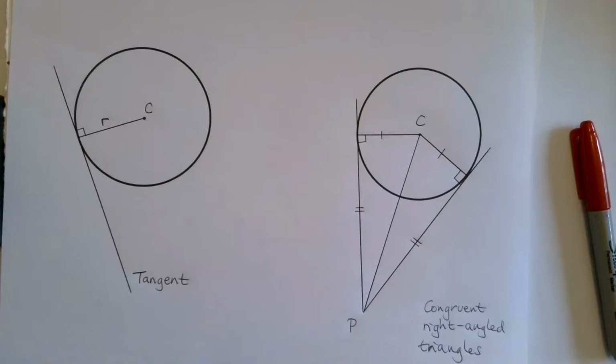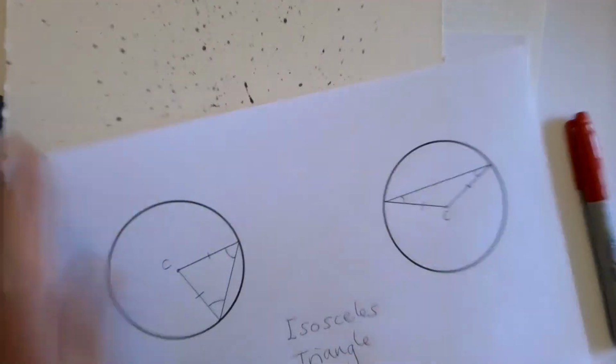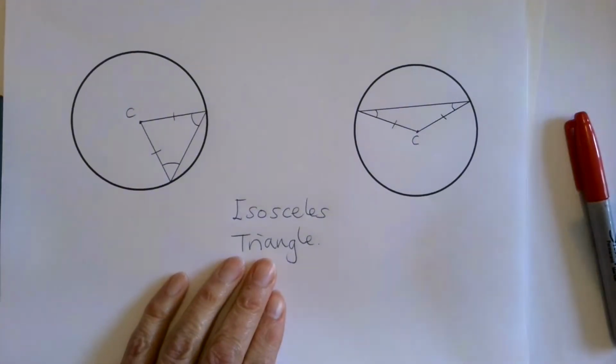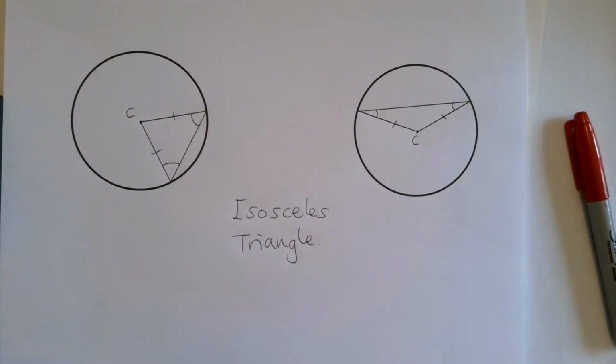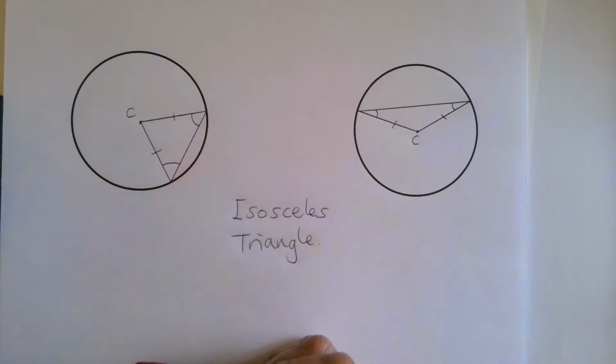Next thing to look at is when we have got this sort of situation. So both of those triangles there involve two radii from the centre of the circle and one other line. The important thing there is that whichever of those triangles you've got, these two angles are the same as each other.